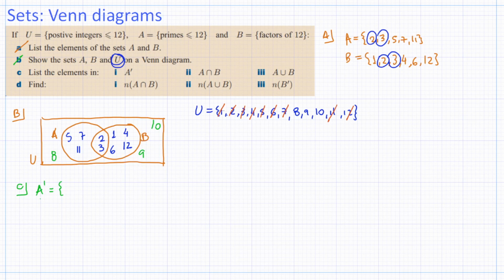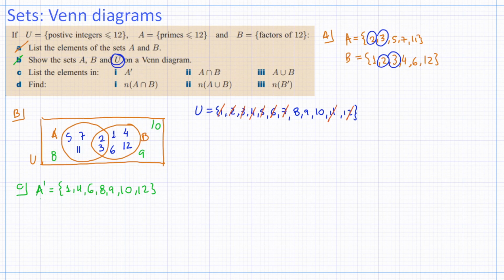So 1, take a look at our universal set. 1 is not in set A, 2 is in set A, 3, 4, 6, 8, 9, 10, and 12. If we look at the number of elements, it would be 7 elements. This is 5, it adds up to 12, so looks fine.